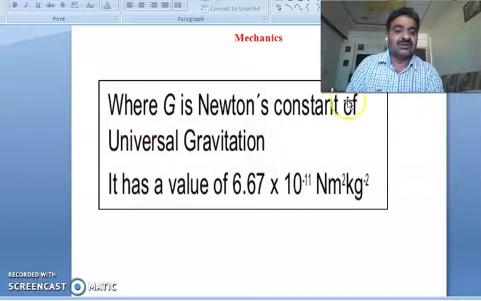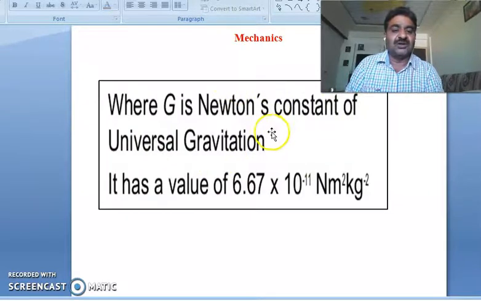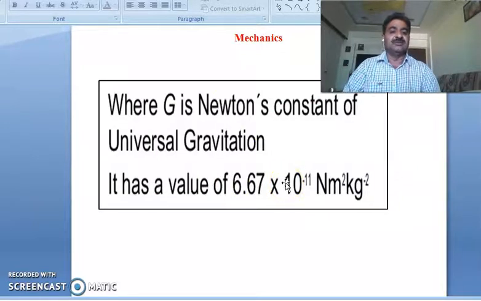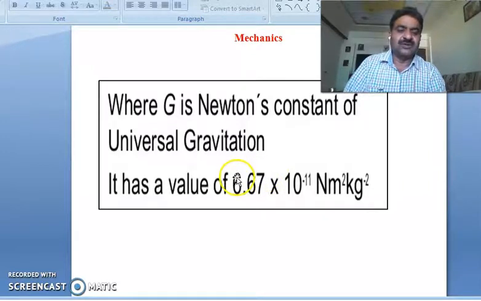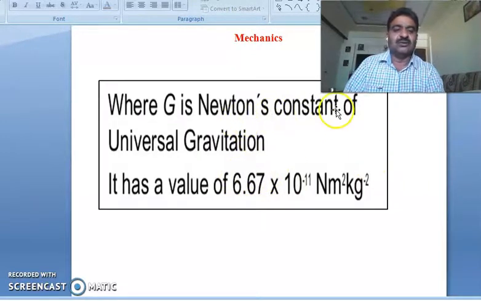Why is it called the universal constant of gravitation? Because its value is the same for any body, any nature of the body, any mass of the body, any time. So irrespective of the nature and mass of the body, this value is fixed. That's why it is called Newton's constant of universal gravitation.